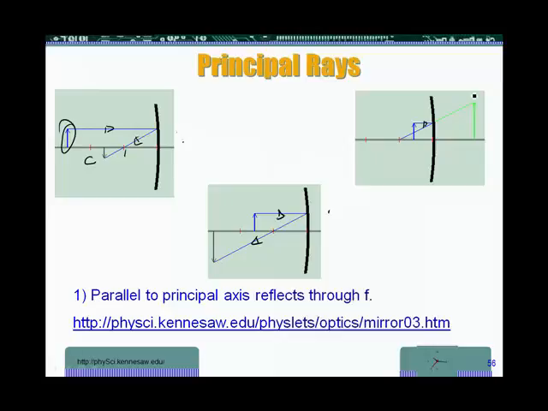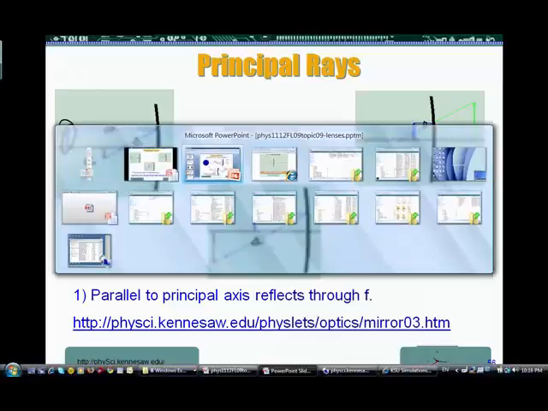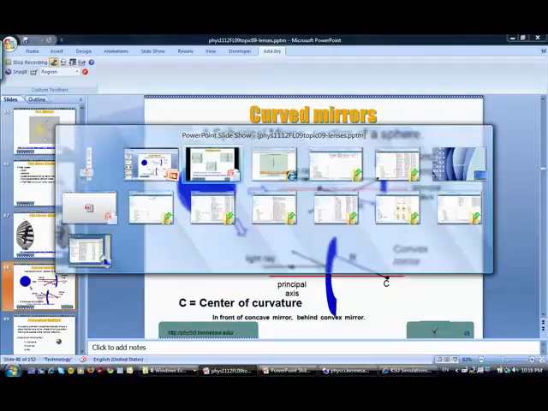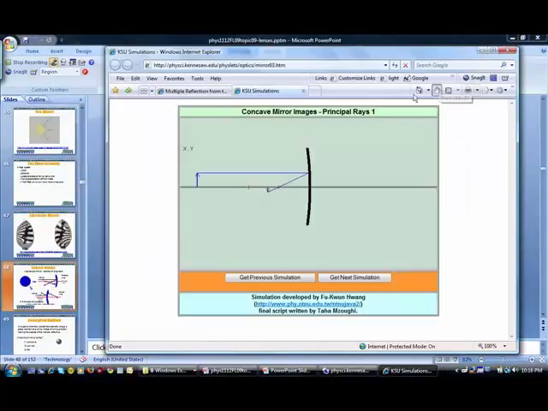Okay, let's see this in an animated way with the simulations. Okay, so this is the beam. When we are far away, you see the image is in black, the object is in blue.